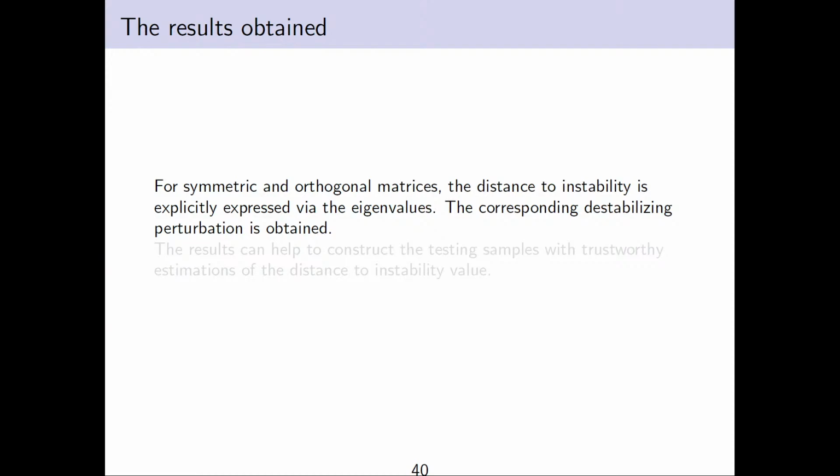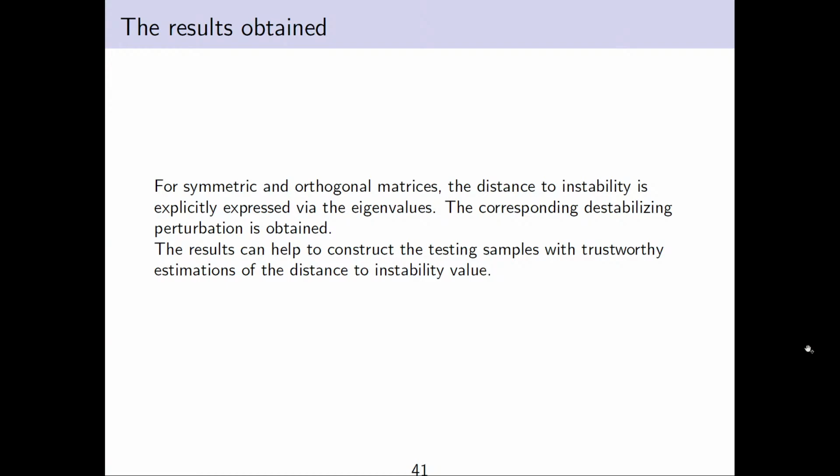And in these two cases, we found the real stability radius, expressed via eigenvalues of given matrices. These results can help to construct testing samples with trustworthy estimations of the distance to instability value. But the problem in general has no solution for today.